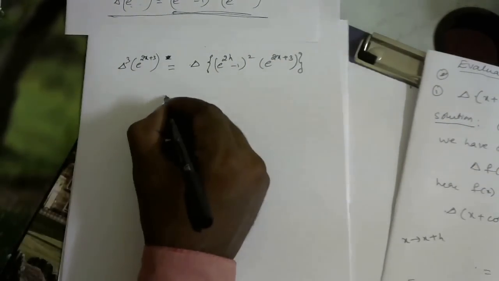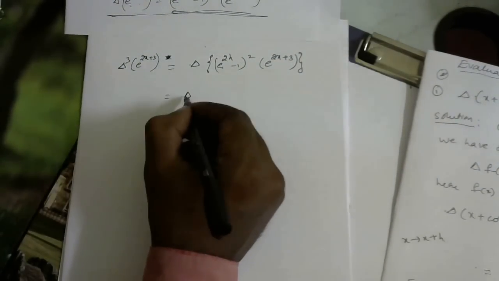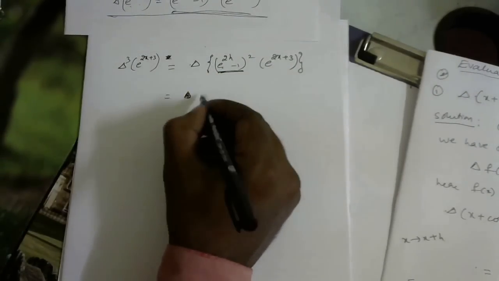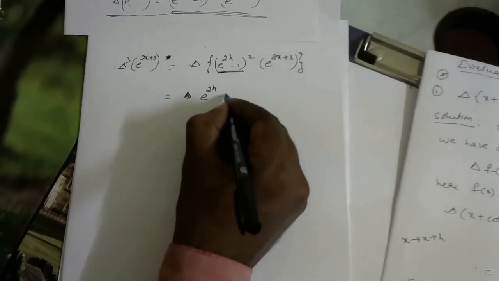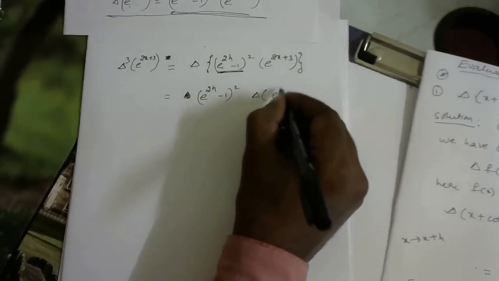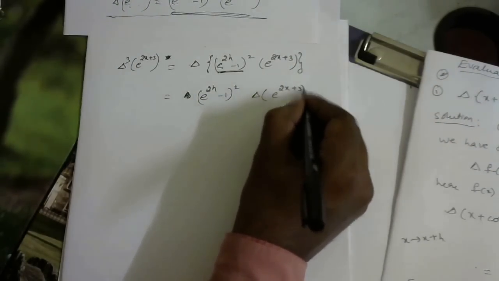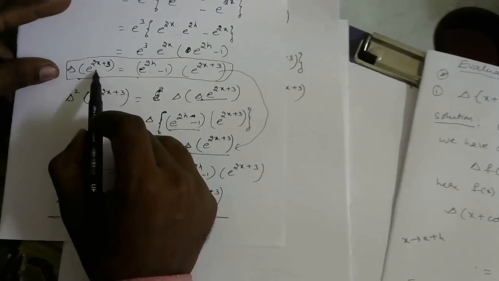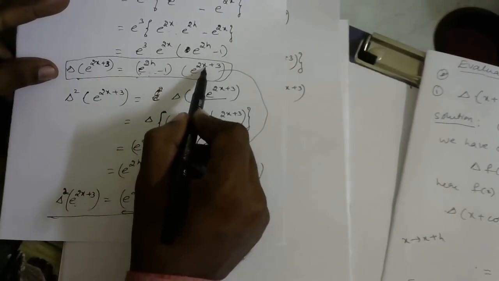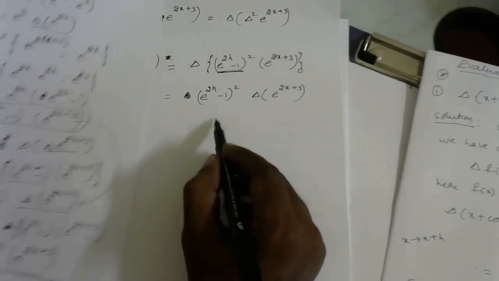This is constant, right? The x term is not there, so this term is constant. So I will take outside: e to the power of 2h minus 1 whole square into delta into e to the power of 2x plus 3. What is delta into e to the power of 2x plus 3? It can be written as e to the power of 2h minus 1 into e to the power of 2x plus 3. I will substitute here.